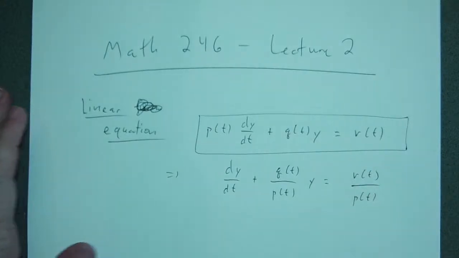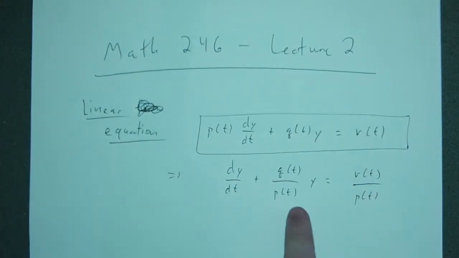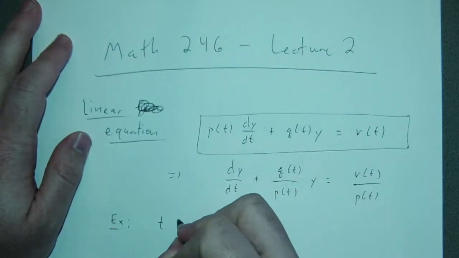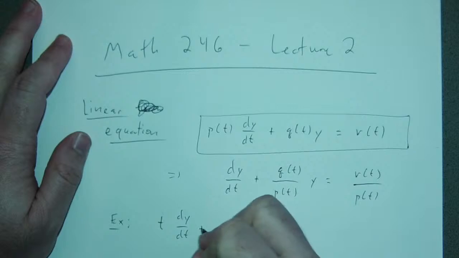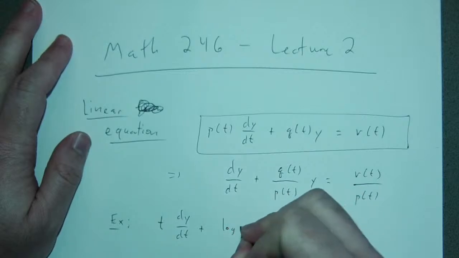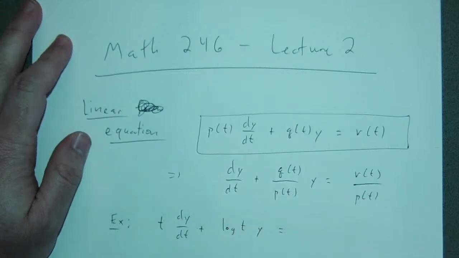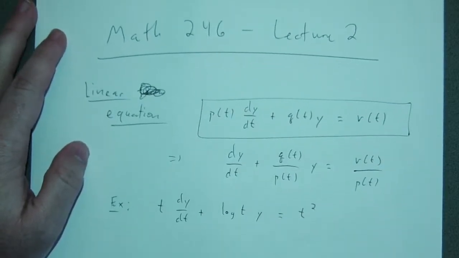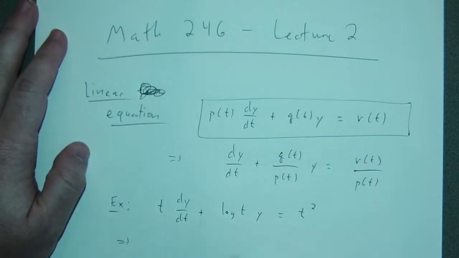Now you might say, wait, this p of t function can be 0 somewhere. What if I have something like t dy/dt plus log t y is equal to t squared? This is a linear equation. If I divide through by t, I have dy/dt plus log t over t y is equal to t squared divided by t, which is just t.